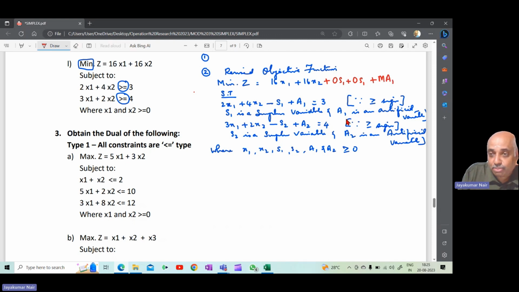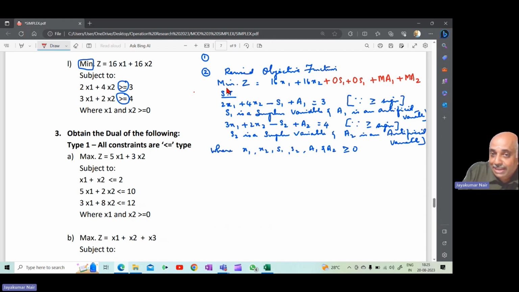As far as possible, we should try to eliminate the artificial variable from the table. Therefore, it is plus MA1 plus MA2. This is the highest penalty cost.